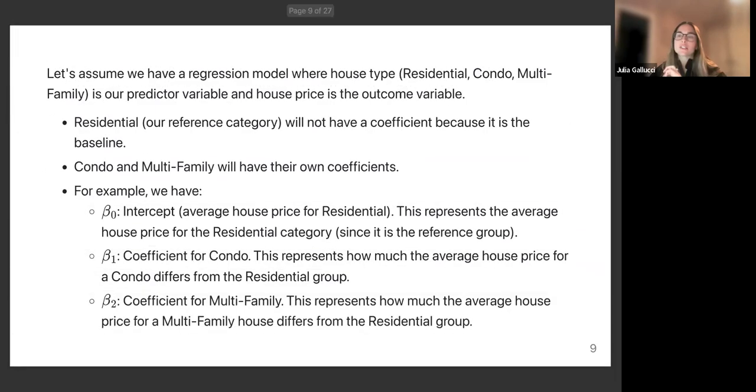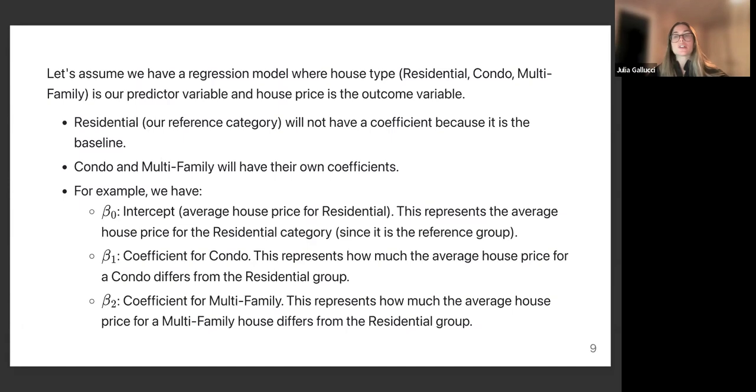So going back to our housing data, looking at the categorical predictor housing type when predicting house prices. Here the house type can be one of three categories: a condo, a residential home, or a multifamily home. Let's say residential home is our reference category. This means that all other house types, condo and multifamily, are compared against the residential type.